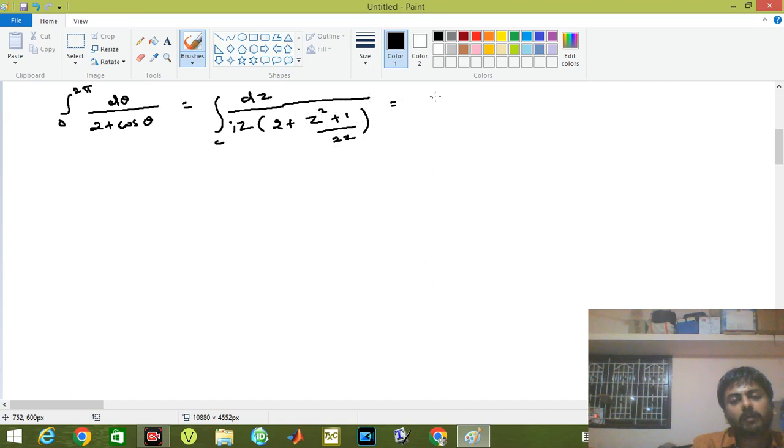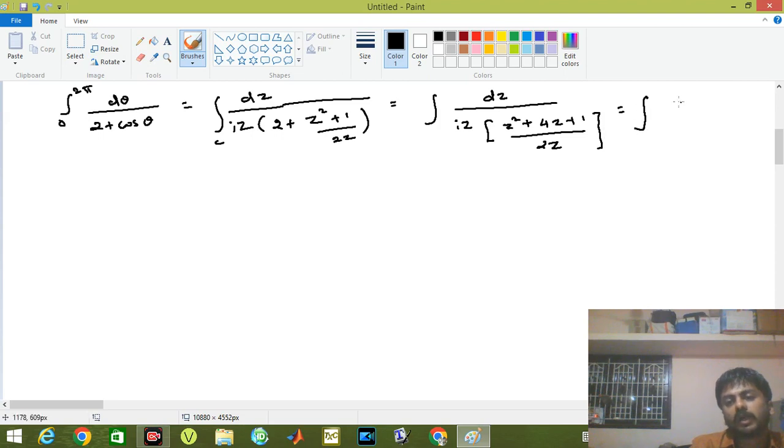So this becomes the integral dz divided by iz into z square plus 4z plus 1 divided by 2z, that is equal to the integral 2z divided by iz into z square plus 4z plus 1, dz.